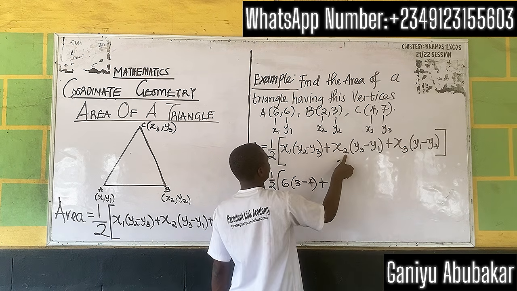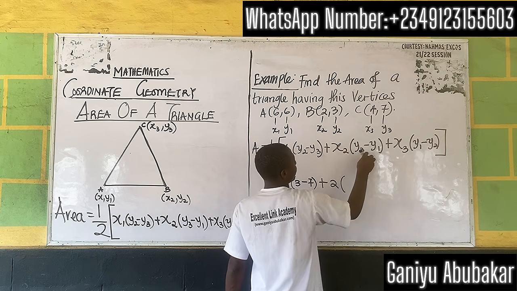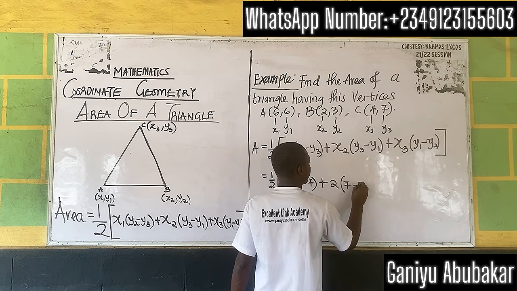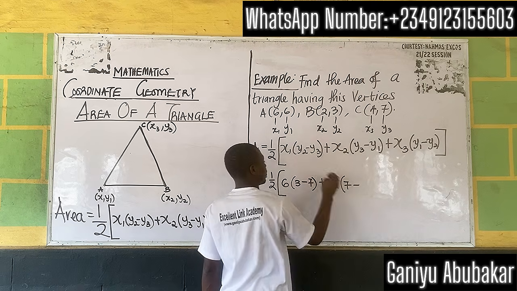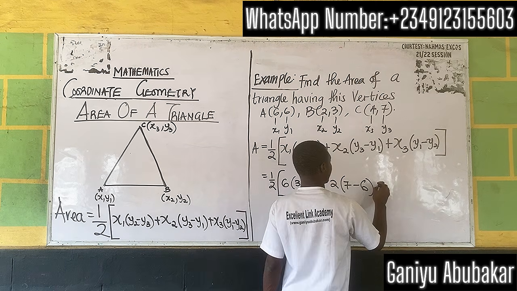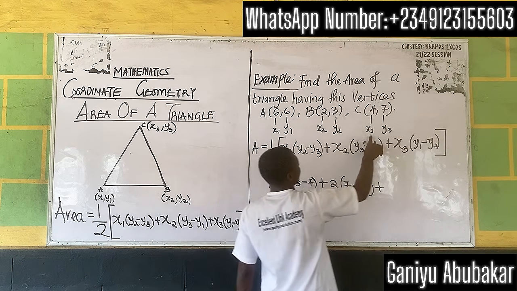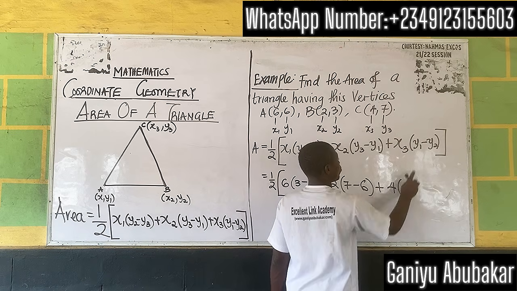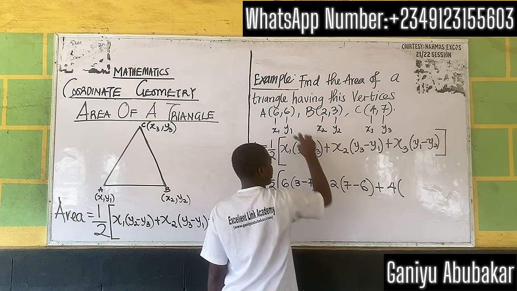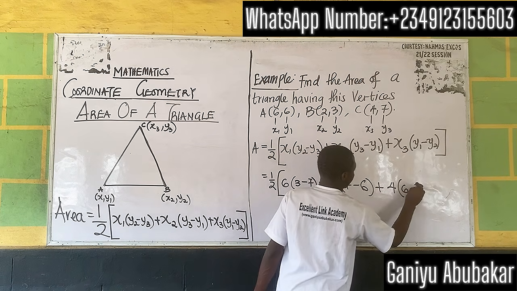Then plus x2 is 2 into y3 is 7 minus y1 is 6. All right. Then plus x3. x3 is of course 4 into y1 is 6 minus y2 is 3.